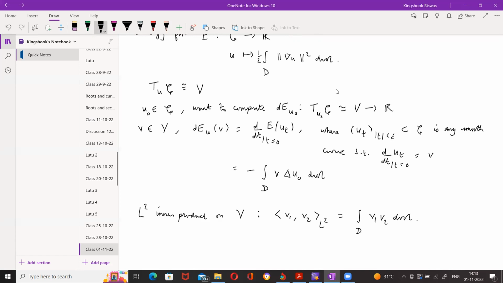Then this derivative of the energy function acting on v, I can write as minus the L2 inner product of the Laplacian of u naught with v.